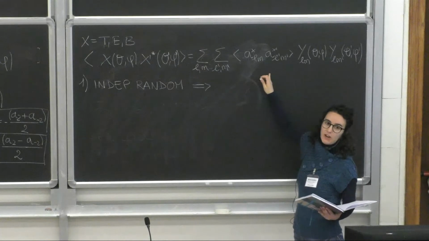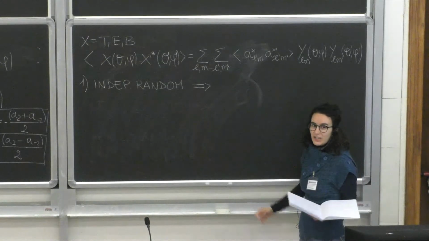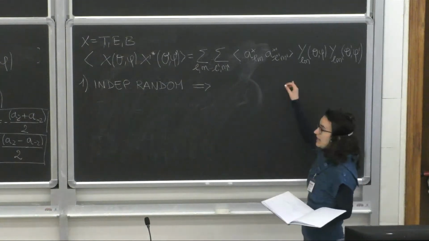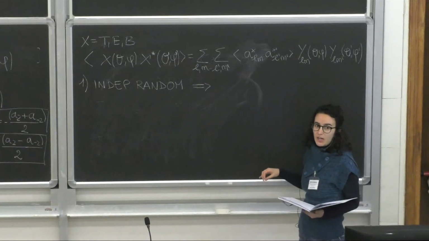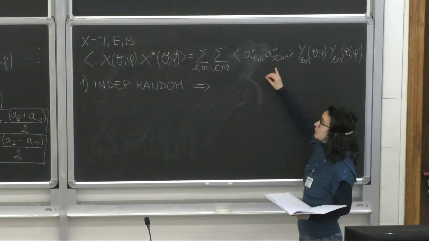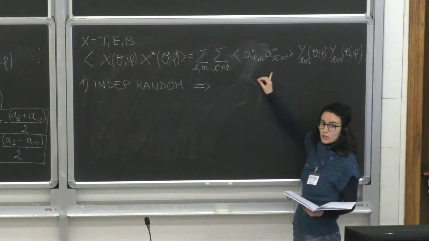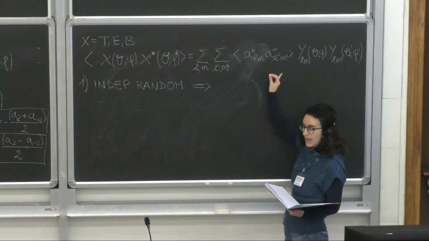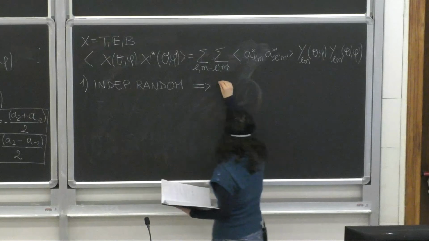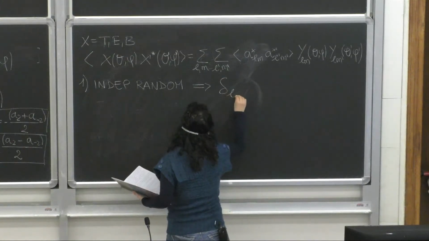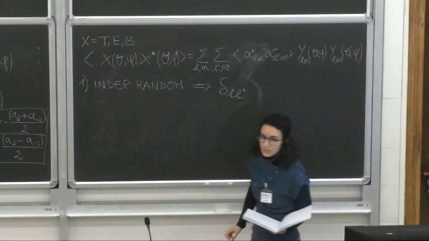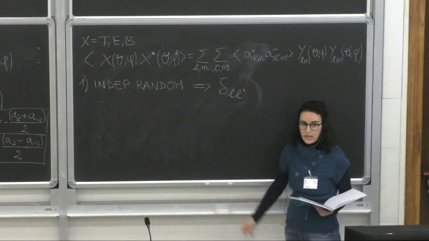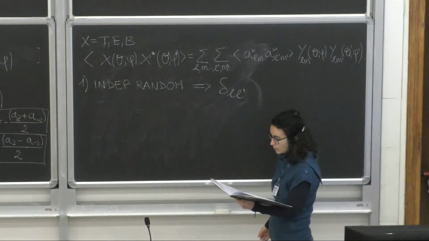You can think of this variance as a huge matrix with L and L prime as rows and columns, and we do not expect any correlation between L and L prime that are different. So we expect a Kronecker delta in L L prime to appear.